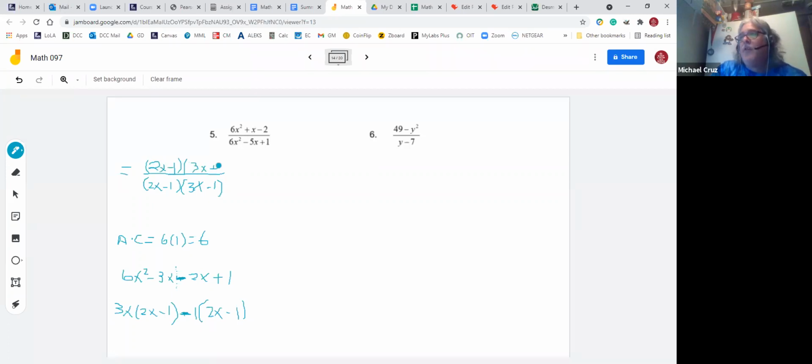You could go through the whole process like this and figure it out, but it would have been quicker to do it that way. I was just dividing each one of these in there and seeing which one worked. And it was this one. So again, we have to determine the values that make it undefined. So let's do that over here.